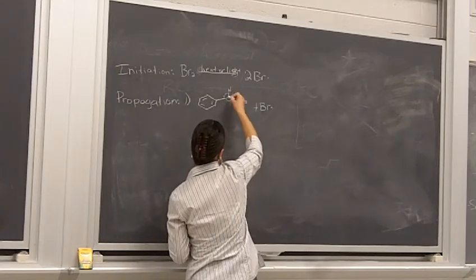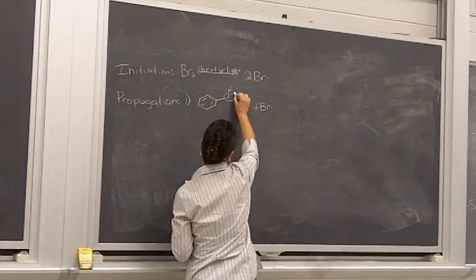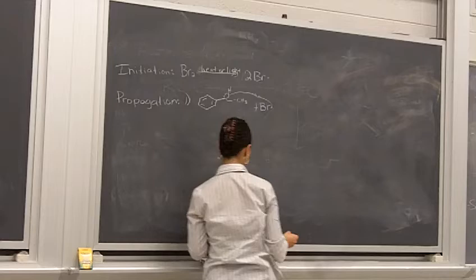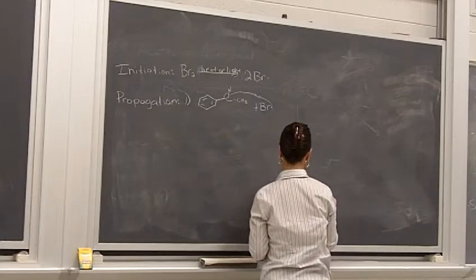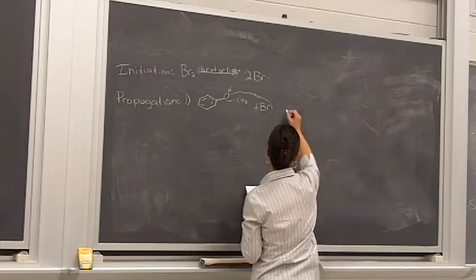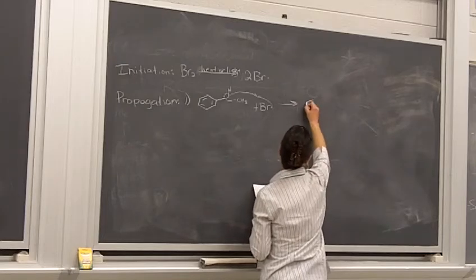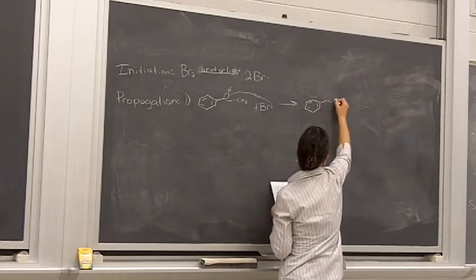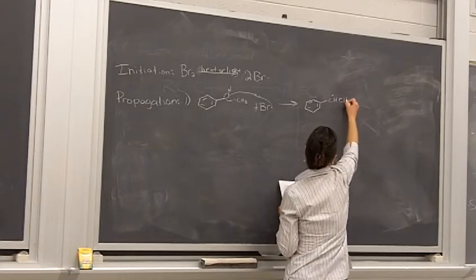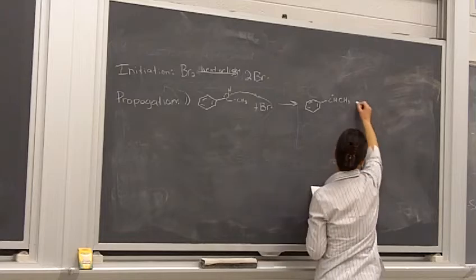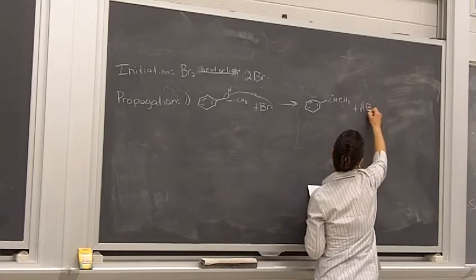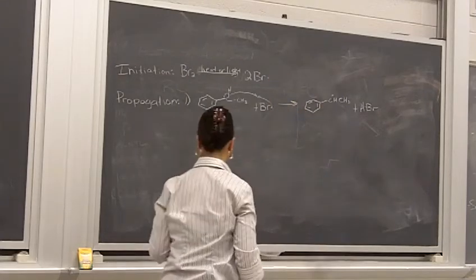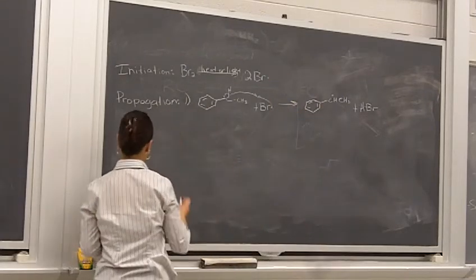So one of our radicals is going to go on this carbon, and then we're going to react with this bromine radical here, okay? And so when we do that, then we get our ethylbenzene radical plus our HBr, which is then used to get the bromine off the succinimide, or the N-bromosuccinimide.